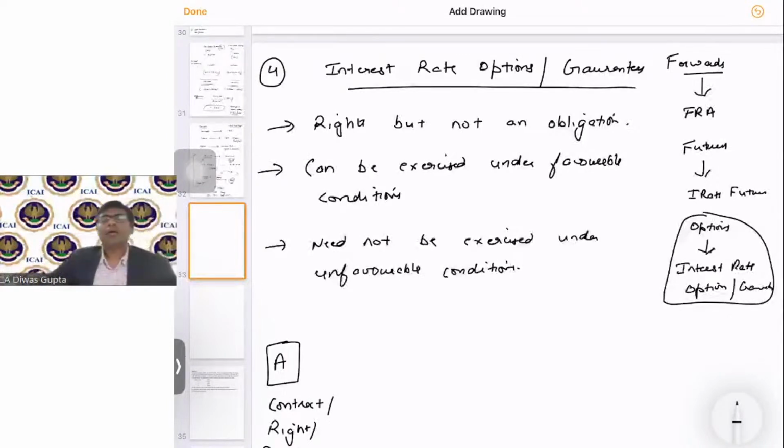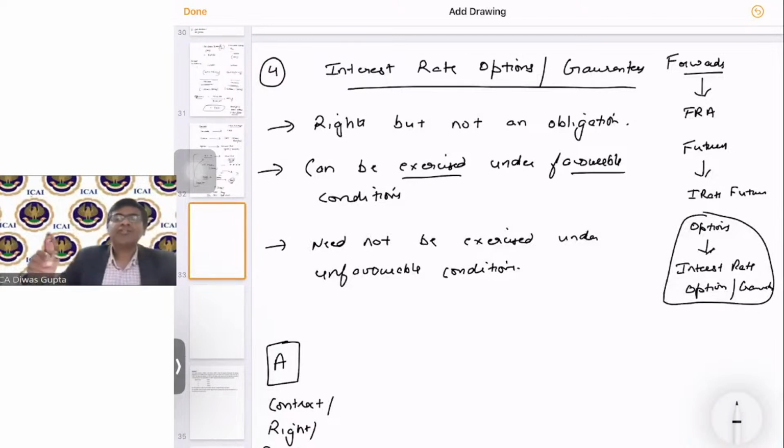Again, reflecting back on your knowledge of derivatives, there were two types of options that you studied, call option and put option. For the call option, if the price of the underlying goes above the strike price, then only you will exercise your call option. That is what I'm trying to tell here.